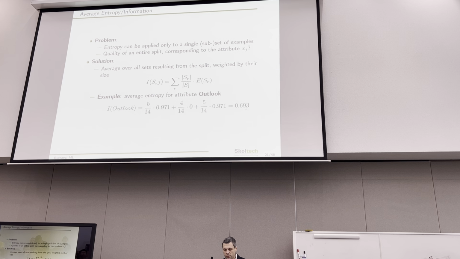Then we take these entropies for the subsets and weight each with a weight proportional to the size of the subset, because if the subset is small, it's not so important. And so we calculate the average entropy for the attribute outlook. It is equal to this, right?